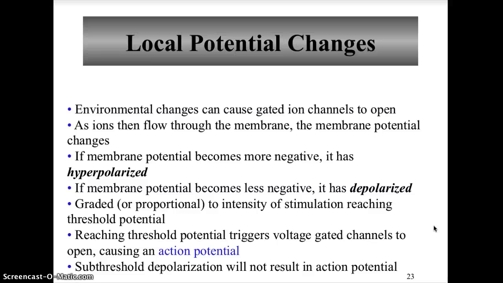And it is graded or proportional to the intensity of the stimulation reaching that threshold potential. And we'll look at that threshold potential a little bit later. So when you reach that threshold potential, it triggers the voltage gated channels and causes them to open, which then causes an action potential.